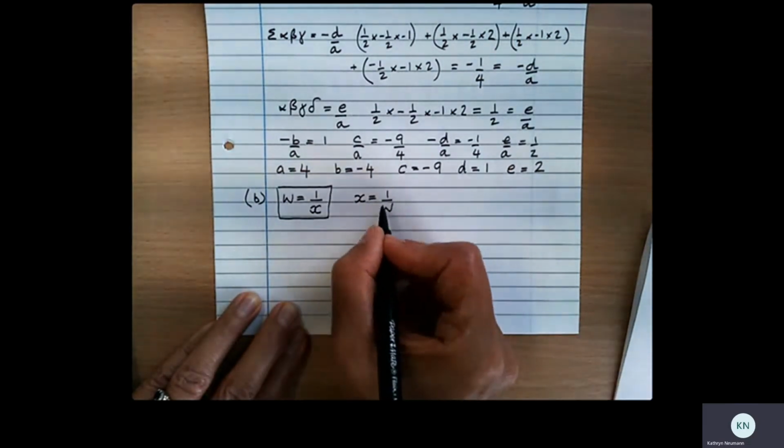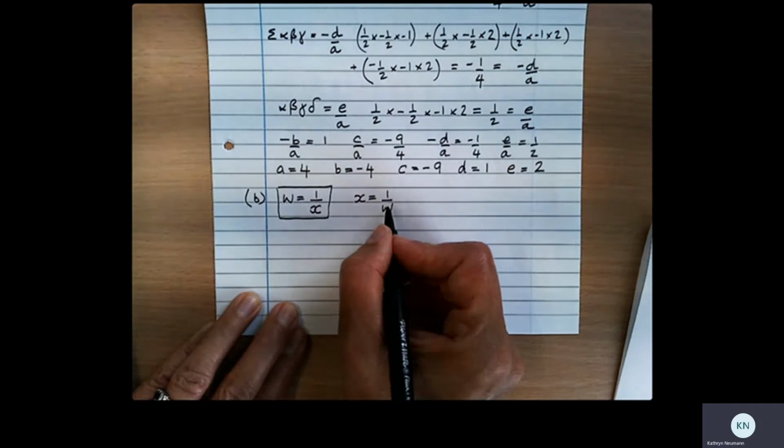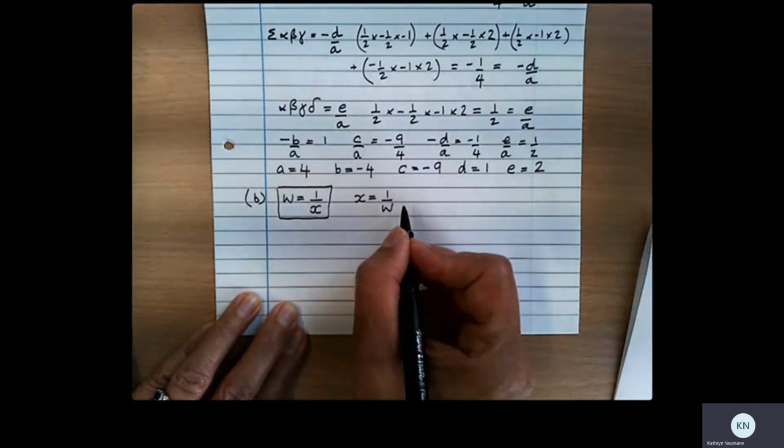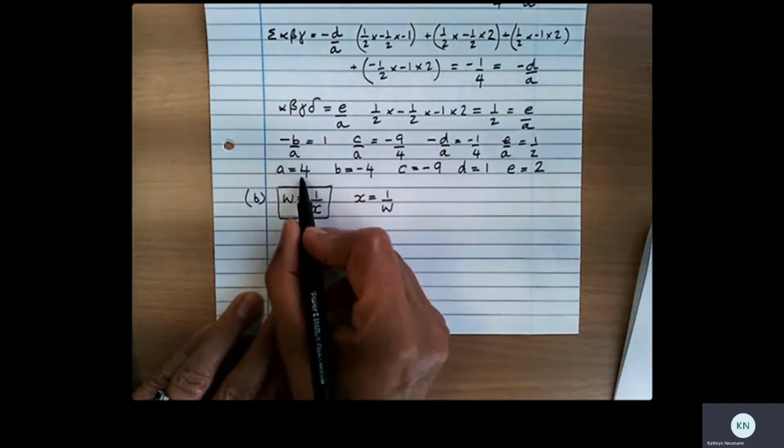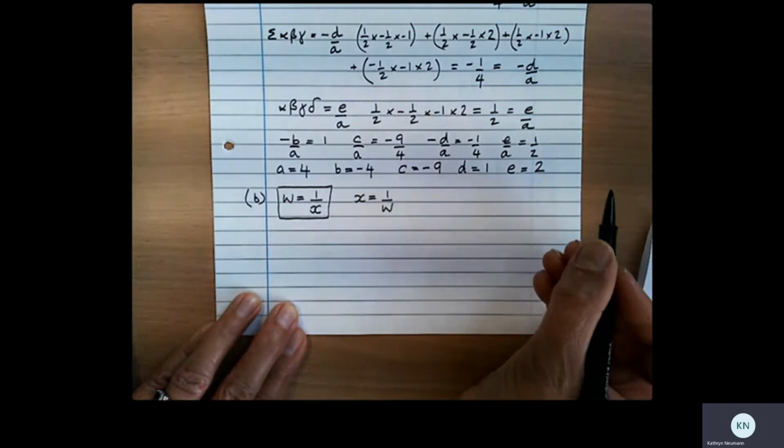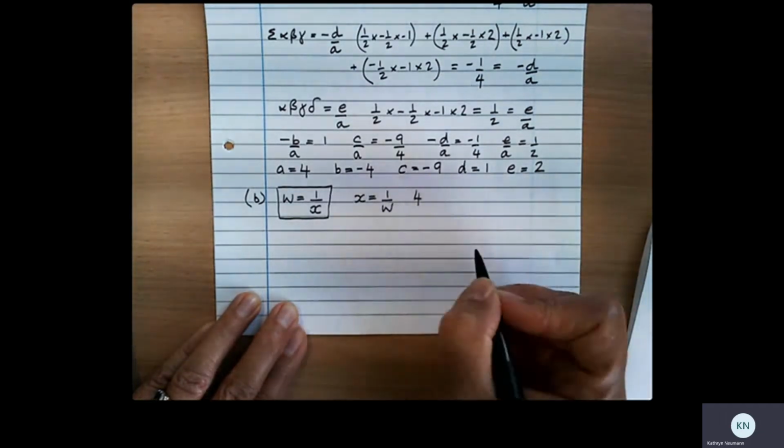And then we substitute this into our original equation that we were given in the question. So the original equation, which comes from this one here, would have been 4 times x to the 4.